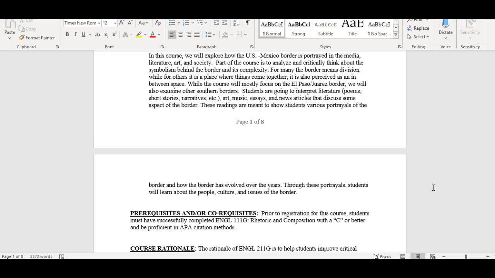Also, keep in mind that a lot of the readings, like I said, do focus on the US-Mexico border. So obviously some of these are written from a minority perspective, or sometimes this might seem anti-American, or it might seem as if they're not really being oppressed or they're being oppressed by their own actions.